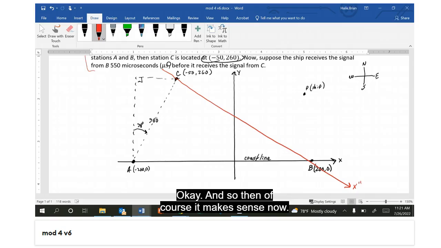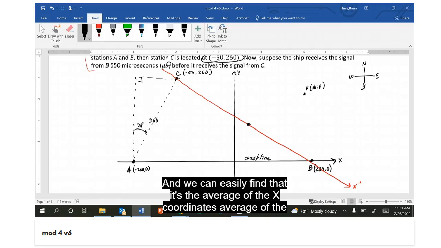Okay, so it makes sense now. I've got these points, C and B, referenced at minus 50, 260 and 200, 0. Those are references to the XY plane. I can find the midpoint, and it looks like it's about right there.